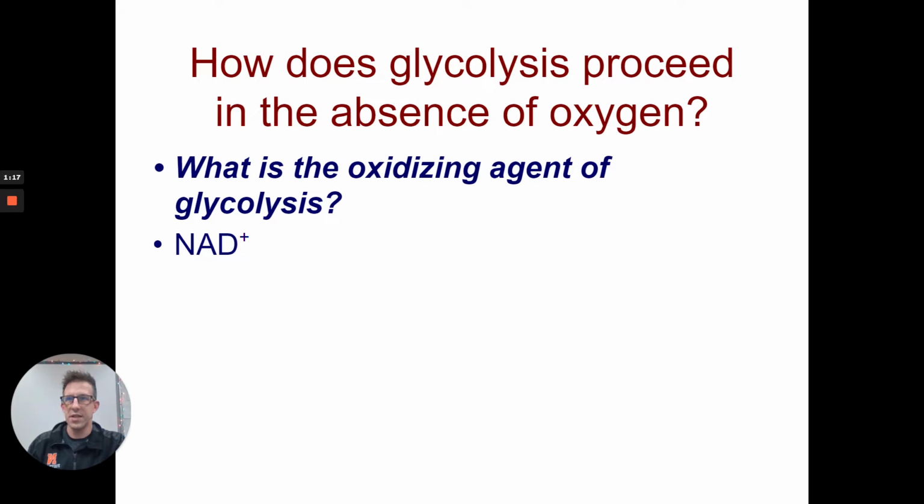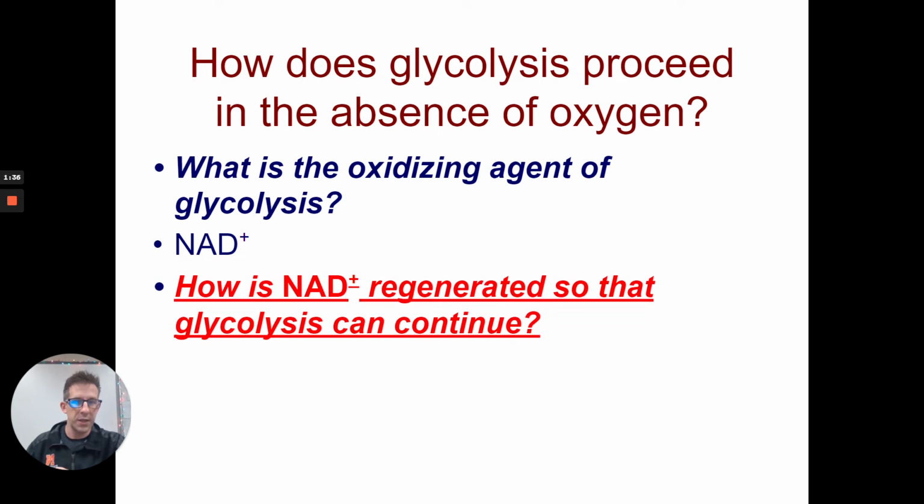NAD+ takes the high energy electrons off of the broken apart sugar molecules at different stages and then brings them to the electron transport chain, drops them off, and then you finally get some ATP, and ultimately those electrons end up in oxygen, right? And so what we need to understand is what happens when there is no oxygen.